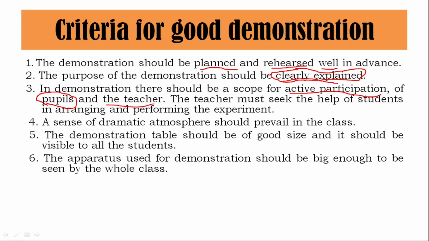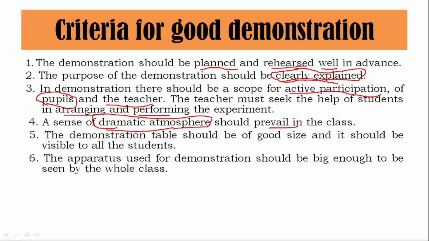The teacher can do this by asking the help of students in arranging and performing the experiment, making them active participants in the process. Then, a sense of dramatic atmosphere should prevail in the classroom while doing a demonstration.